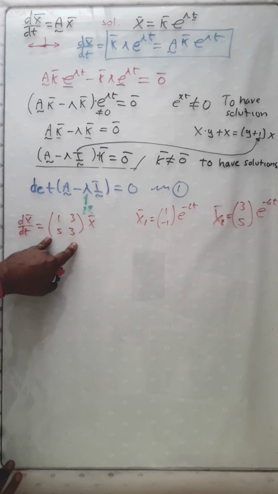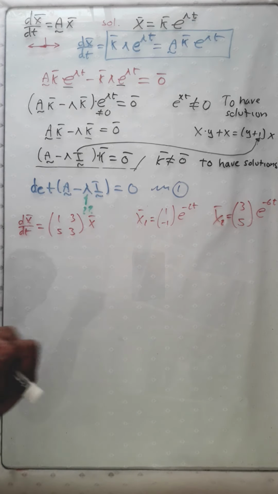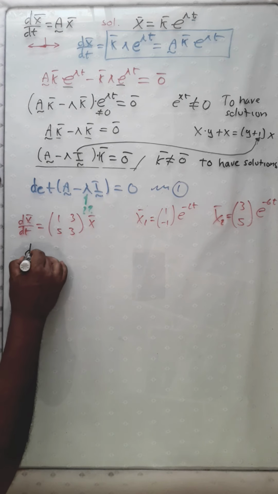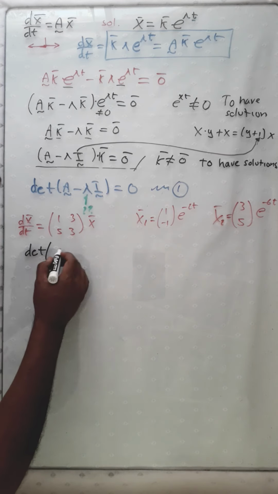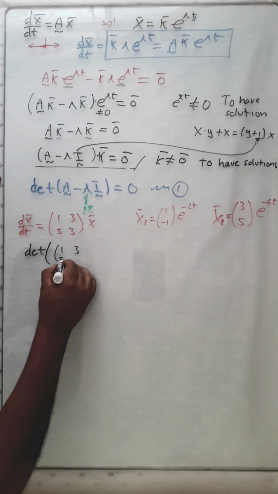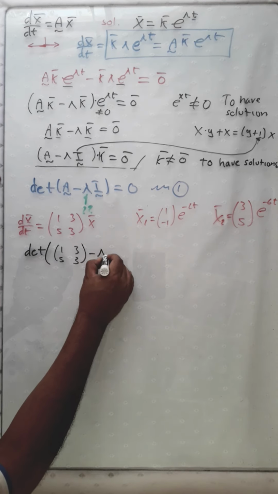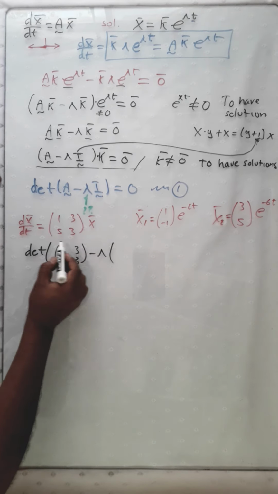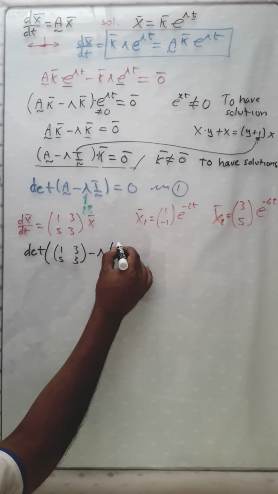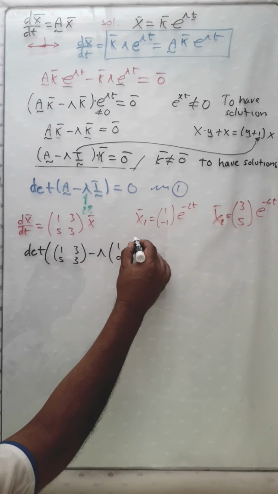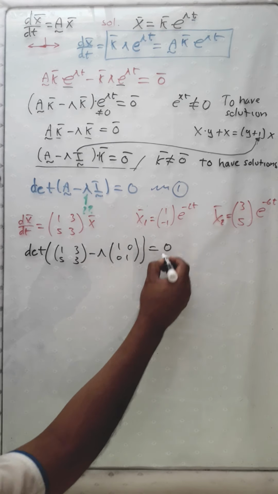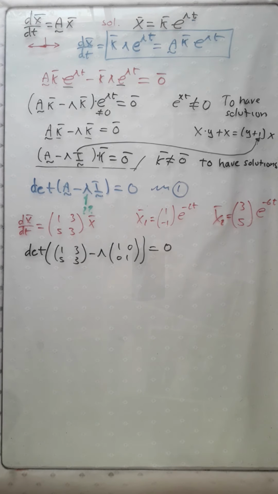This is the A matrix. So what you have here is the determinant of the matrix 1, 3, 5, 3 minus lambda times the identity matrix. Because this is 2 by 2, the identity matrix is 1, 0, 0, 1. And this determinant must be equal to 0. Alright?